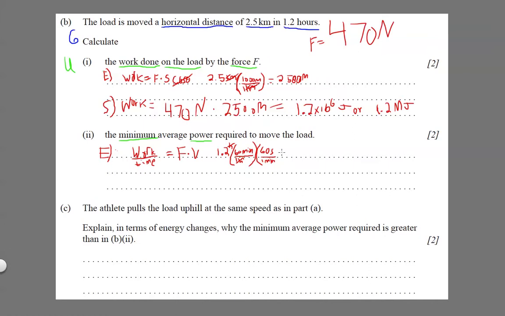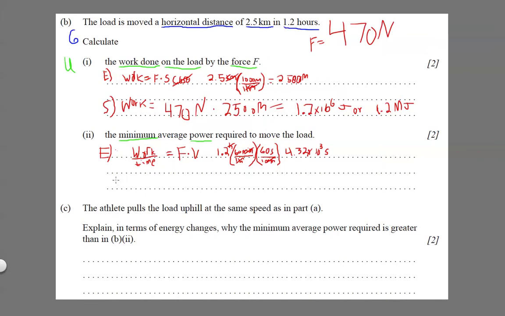When I calculate this out, and I make sure I cross them out, I'm left with seconds: 4.32 times 10 to the third seconds. So I have my time and the work done.